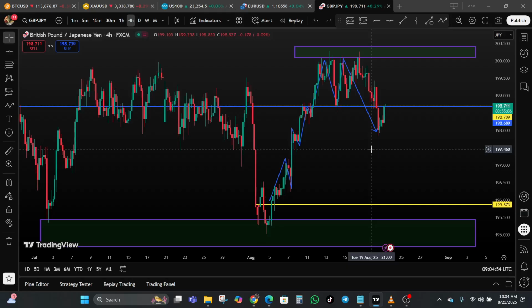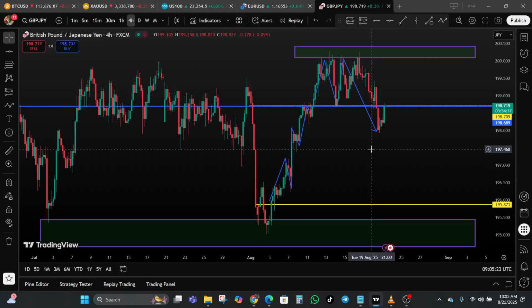As you practice, focus on patience and precision. Remember that the unicorn setup is rare. It doesn't appear every day. But when it does, it often offers clear directional movement that can be captured with discipline and good risk management.